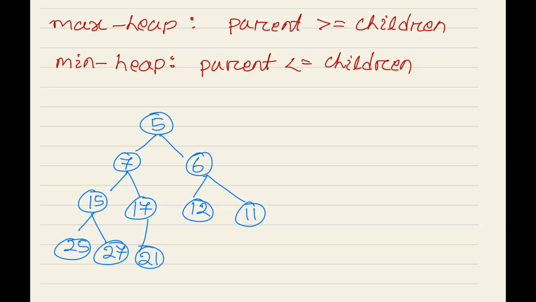So, like this. Here you can see this is a complete binary tree. All the levels are filled except the last level, and the last level is filled from left to right.